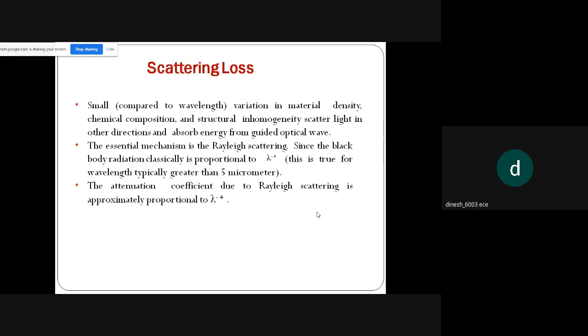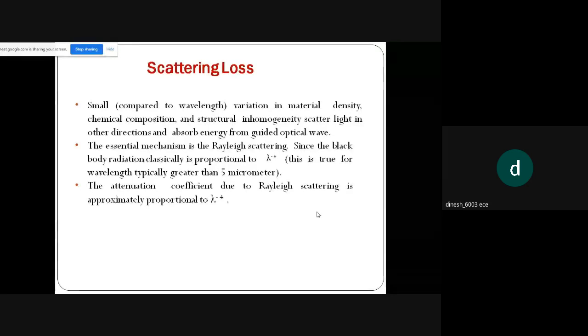You would have done that experiment in your junior college or at your engineering physics laboratory. When you keep the prism in the light, on the other sides you can see the different colors of that white light, which is VIBGYOR. So here the scattering is being explained.